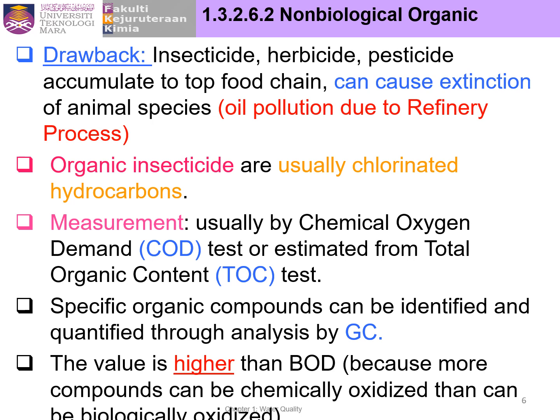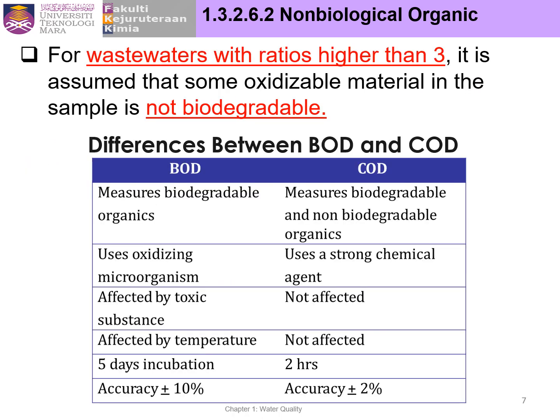That is an example of why COD is higher than BOD. For wastewater, the ratio can be higher than 3. In the previous example I just gave you 2 times higher. It is assumed that some oxidizable material is not biodegradable.